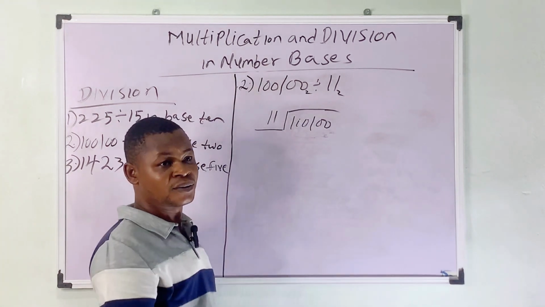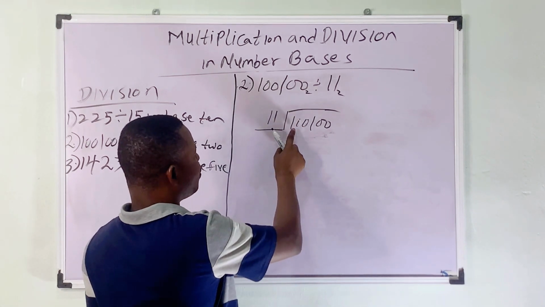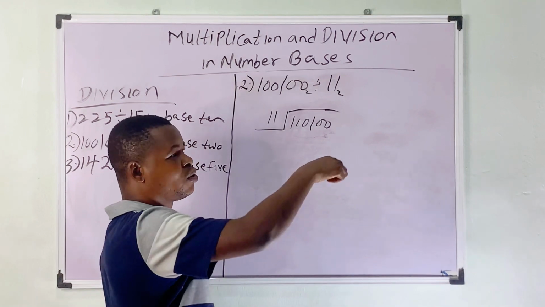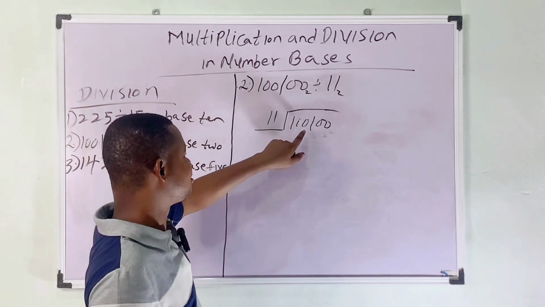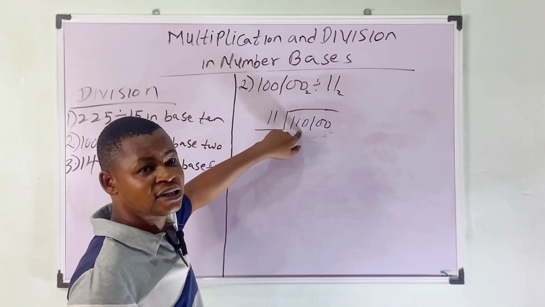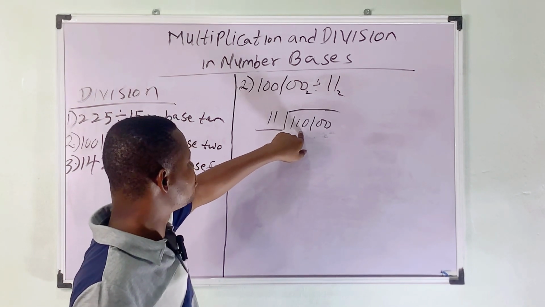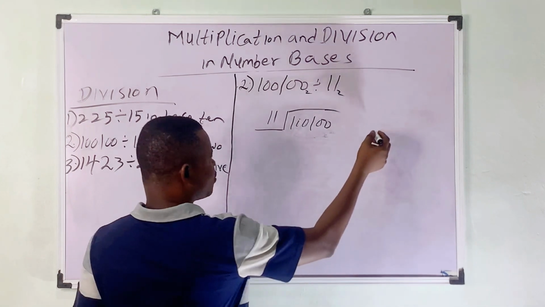That means we have to attach the next digit. So 100 now is greater than 11. So we now go to the multiplication table and stop at any value that is closest to this value.